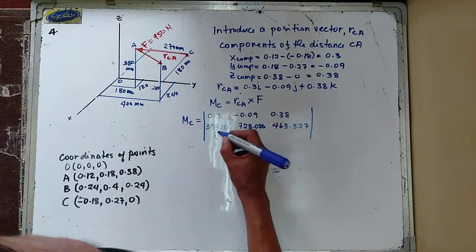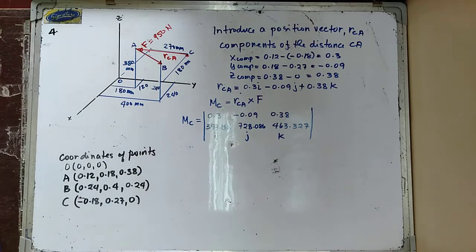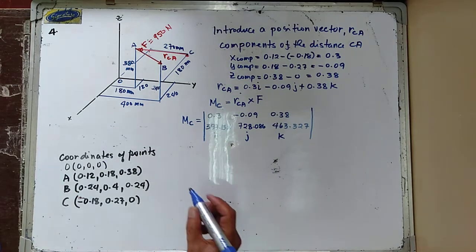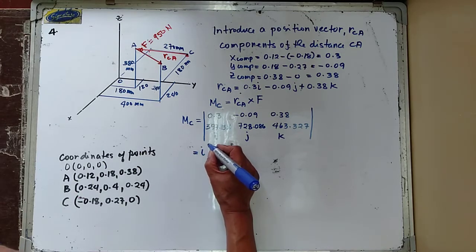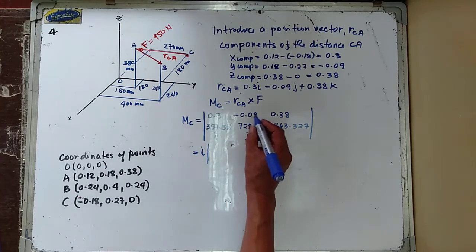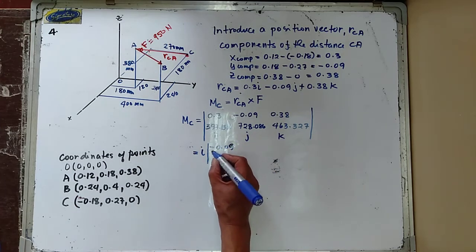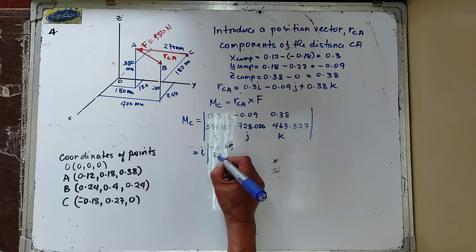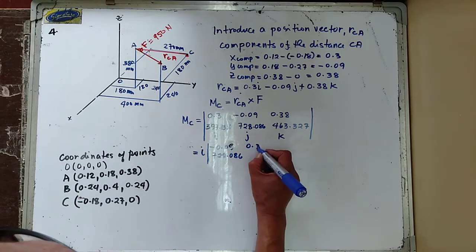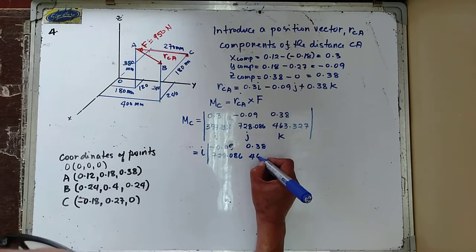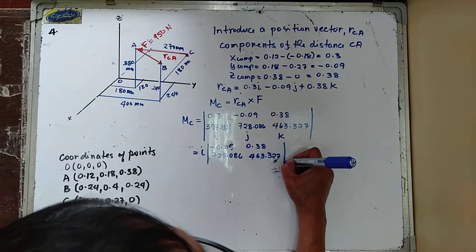So we now have your I, this is your J, and that is now your K. So let's reduce this with second order determinants: minus 0.09 and 728.086, 0.38 and 463.327.